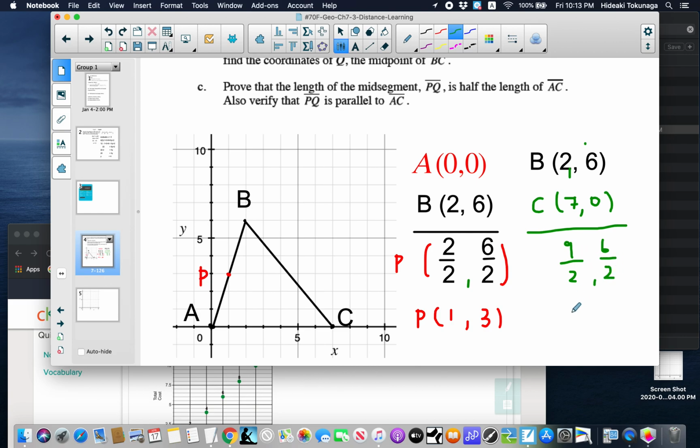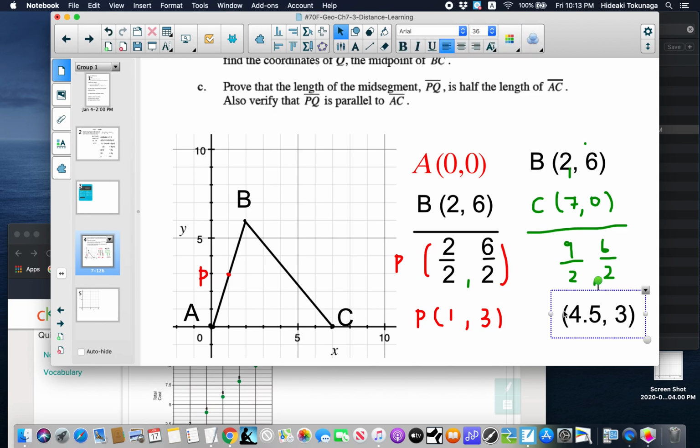Let's take a look. It's 4.5 here, comma, and 3. Put the parenthesis over this. That must be the midpoint between those two, which is Q. So I write down Q here.